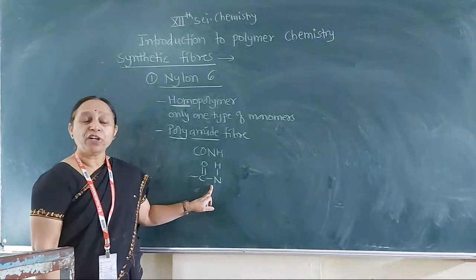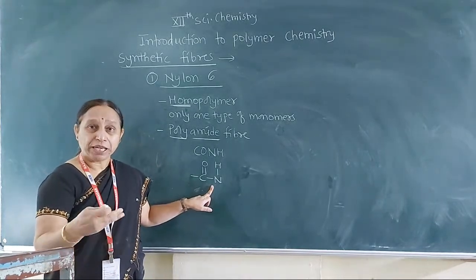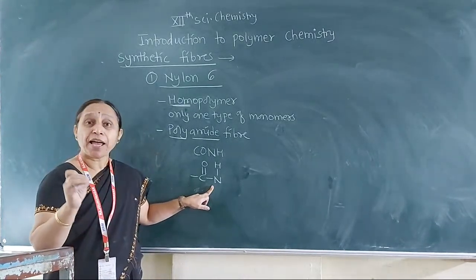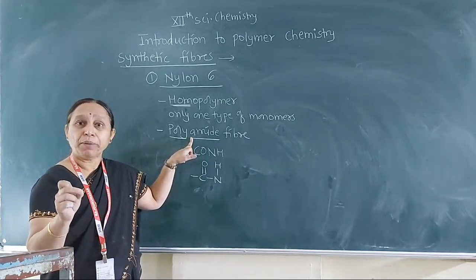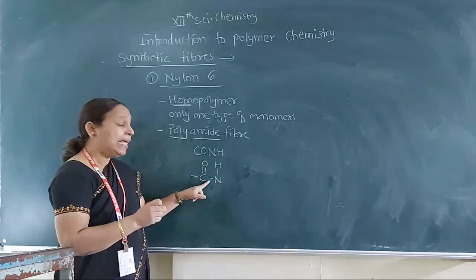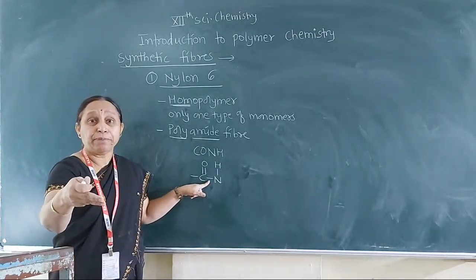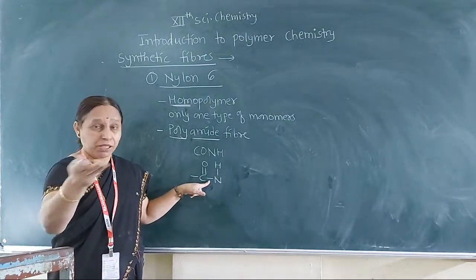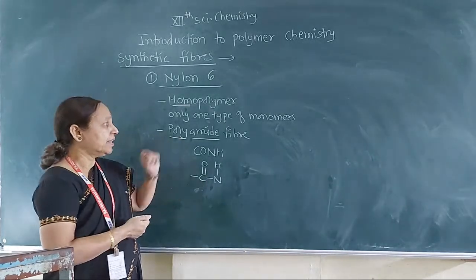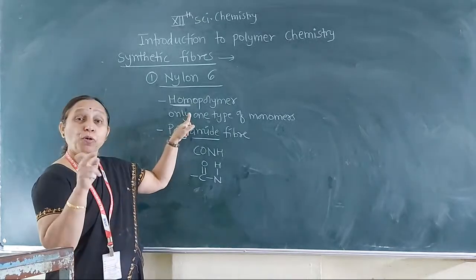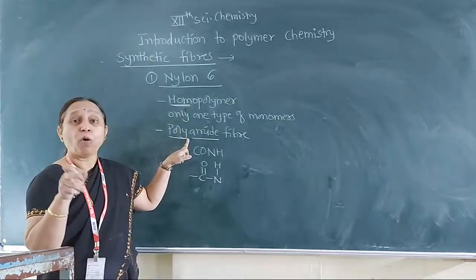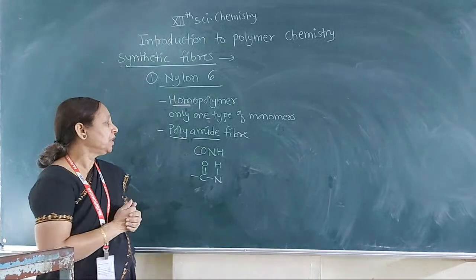Such type of amide linkage is present in this fiber, and thus the name polyamide fiber. This linkage is repeated in the polymer, and thus it is polyamide fiber. It is a homopolymer, it is polyamide fiber.